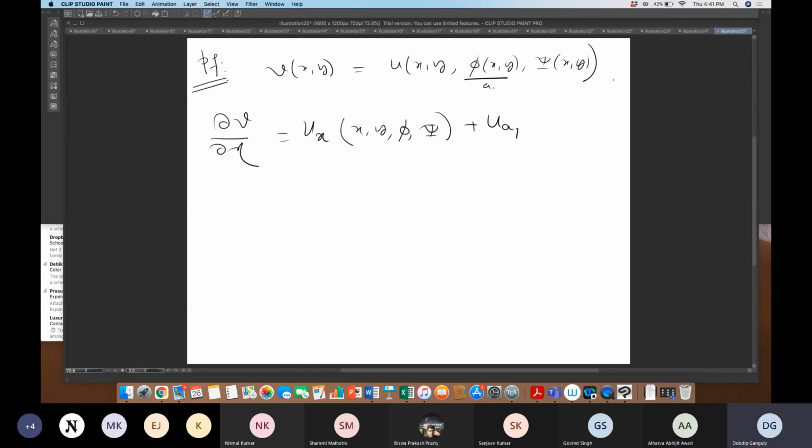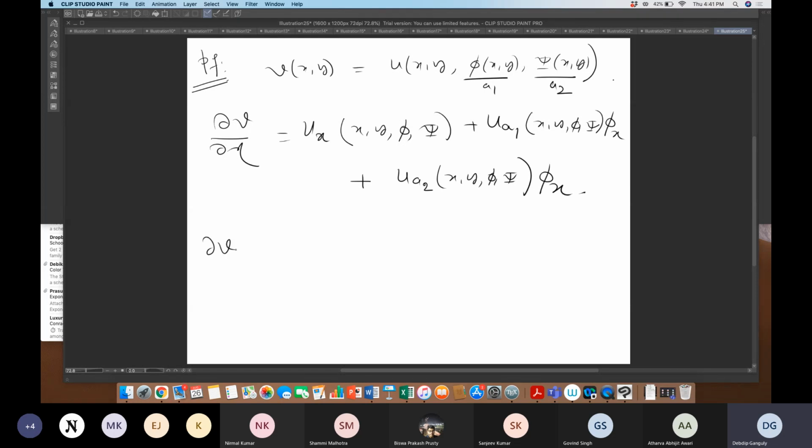This is your a1, this is your a2, at the point (x, y, phi, psi), times phi with respect to x, plus u at a2 at (x, y, phi, psi) with respect to phi of x.